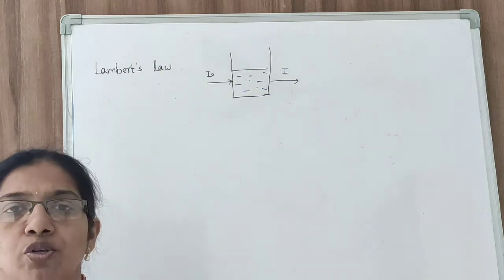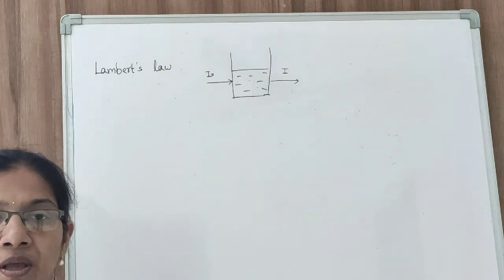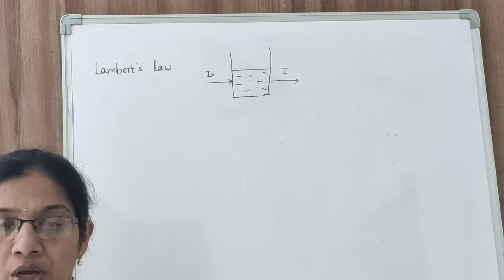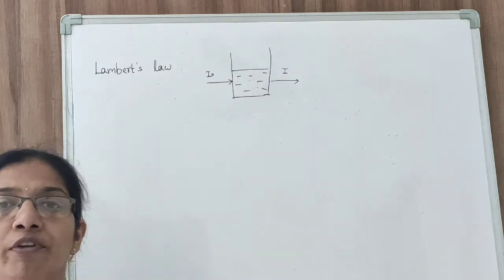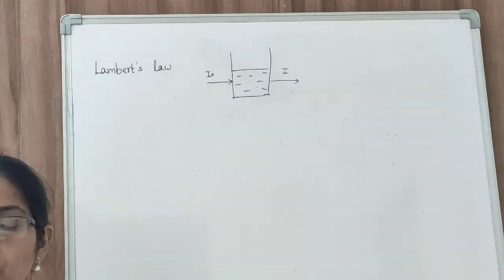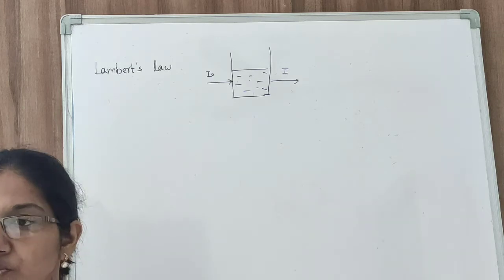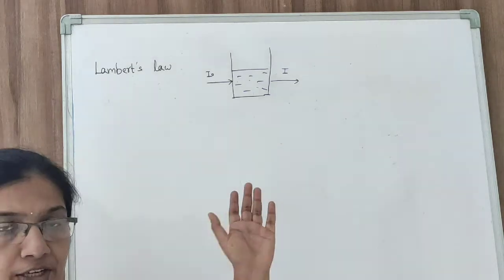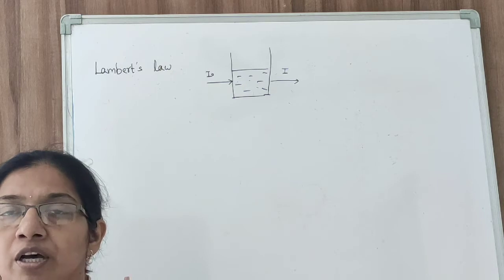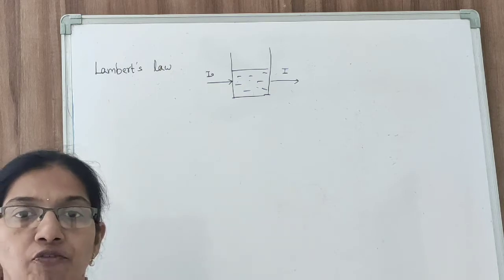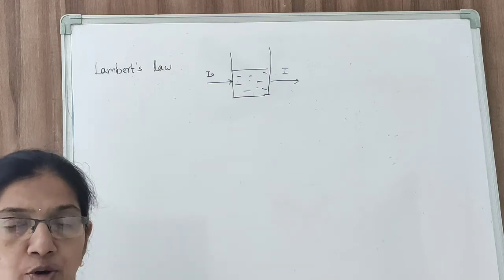Now how is this absorbing solution prepared? The absorbing solution is prepared by dissolving the solute. Usually this solute is colored because we are going to incident light, that is electromagnetic radiation from 400 to 800 nanometer.